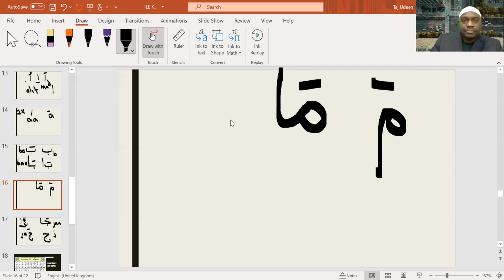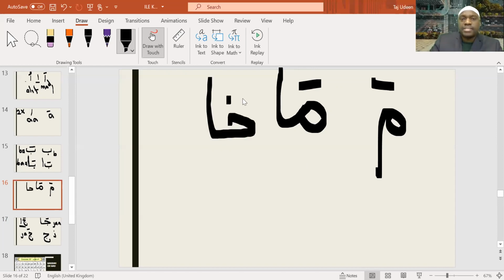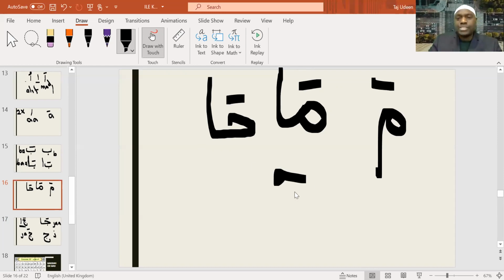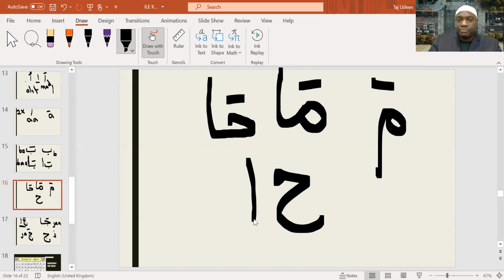If I write this, then I read what? Haa, ha, fatha, alif, mad, haa. Don't separate this ha from the alif. I mean, don't write them separately. We have to join them together.